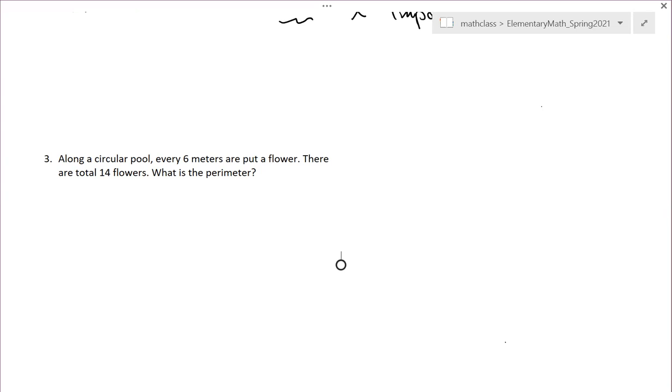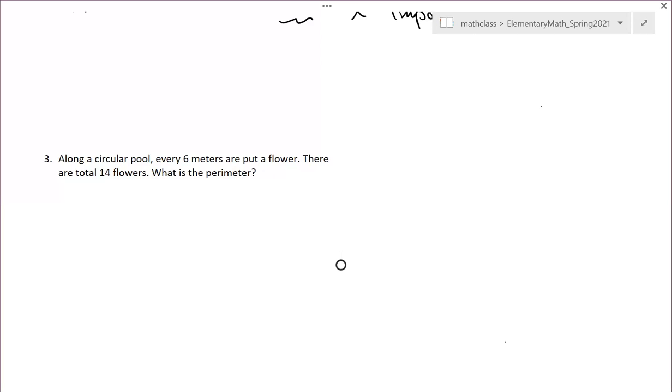Okay, Michael has the answer, but double check the answer. Okay, maybe right, maybe wrong. And you can test your ideas using a smaller number of flowers, maybe only 5 flowers or 2 flowers.